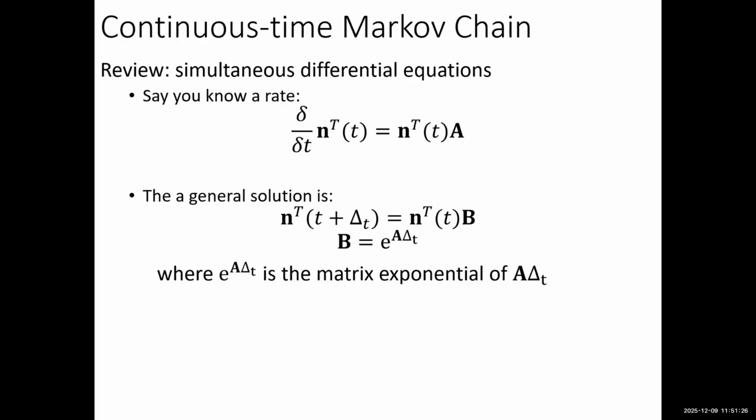And by convention, people often take the vector of abundance and pre-multiply it by A. The general solution of this is, again, just using what's called the matrix exponential. So you take this instantaneous movement rate and you do this matrix exponential function that's in RTMB or TMB or base R, and it'll give you the solution for a given delta t.